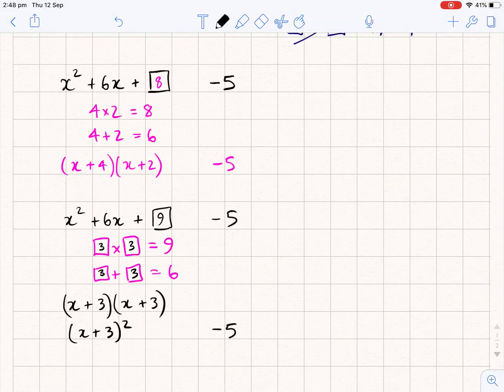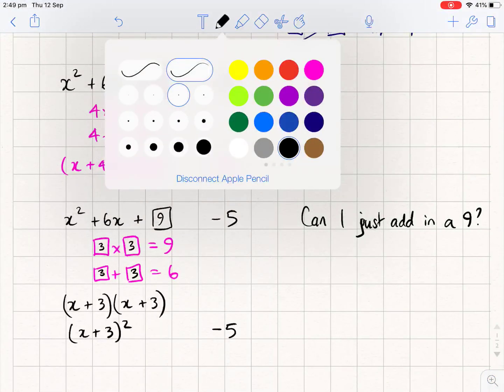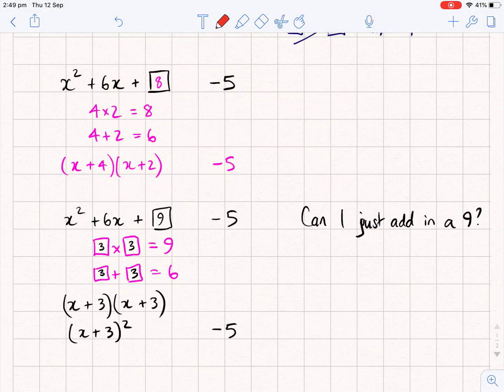Now that's pretty neat, because what I'm starting to see is that I'm also creating turning point form. But the question is, can I just add in a 9? Pretty obviously, I can't just add a number into an equation because I felt like it. But what I can do is, rather than just adding it, let's also take it away. By adding the 9 and taking away the 9, I've essentially added the total of 0 to this equation.